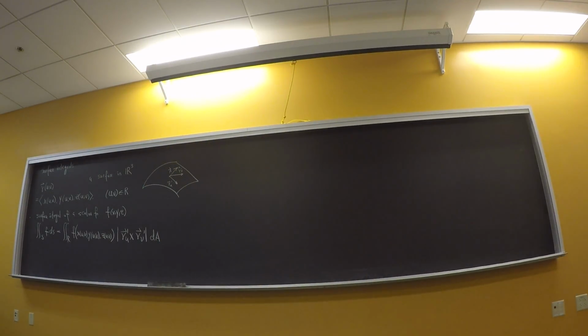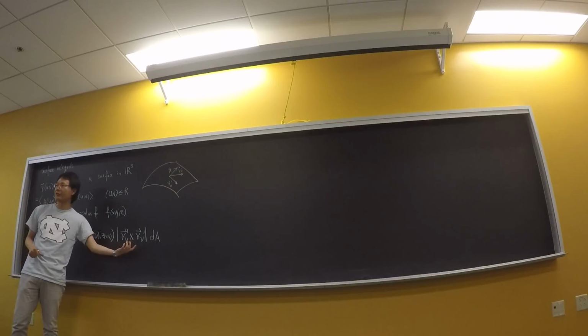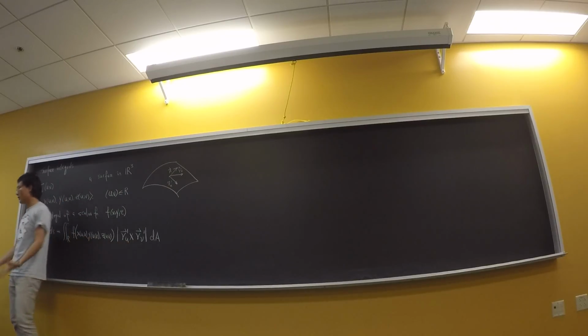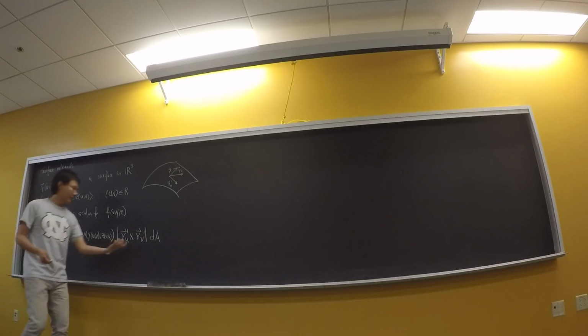However, if we're talking about the orthogonal vector to a given surface, we actually have 2 choices for the normal vector. Right? One is going to the other direction, one is going to the same direction as the cross product between these tangent vectors. So when we're talking about the normal vector of the surface, there are actually 2 normal vectors. One is exactly the cross product.